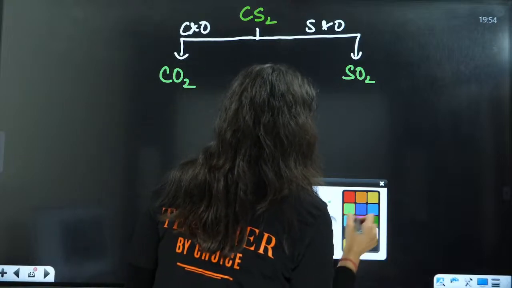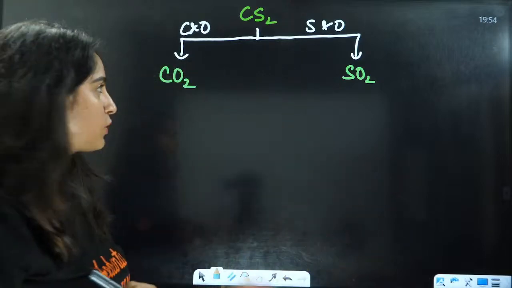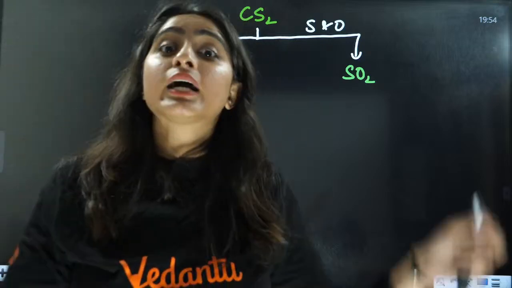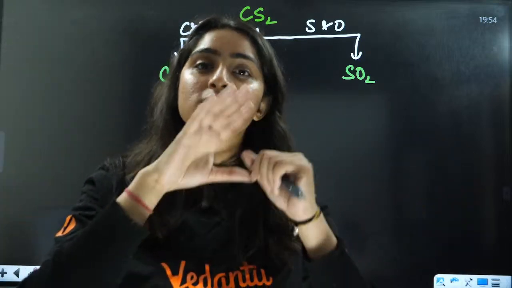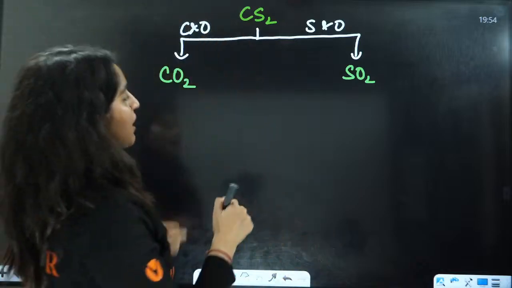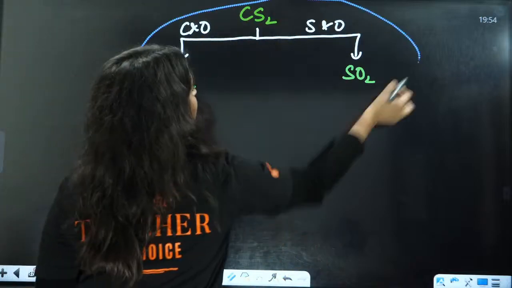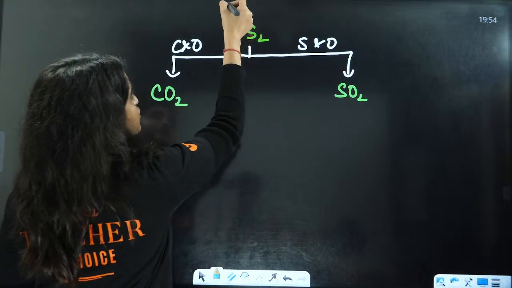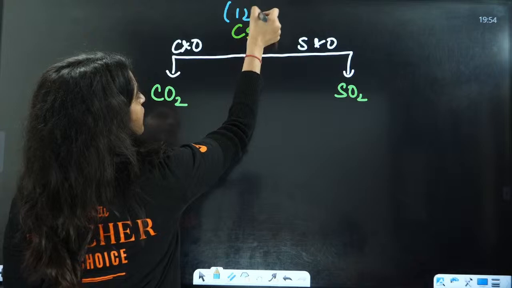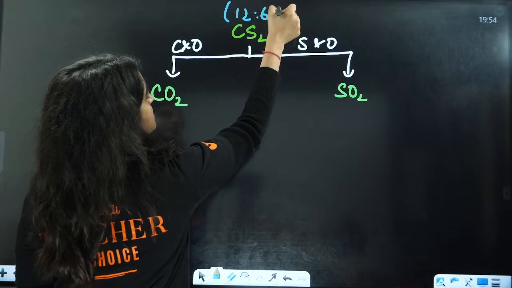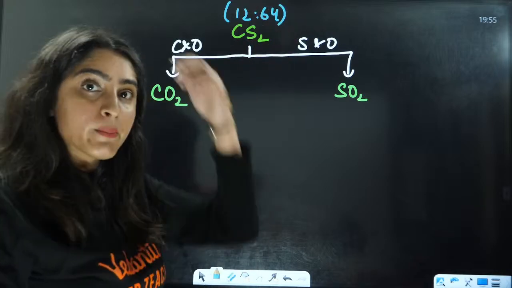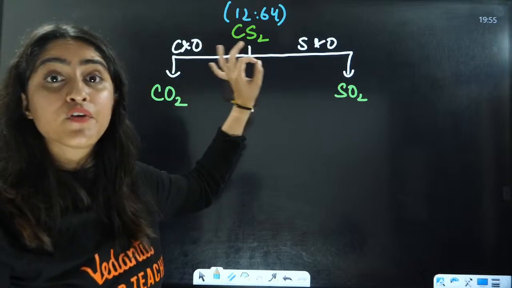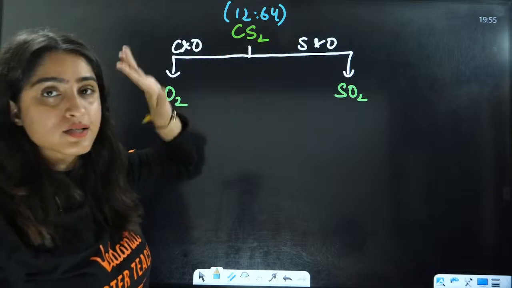So what is the law of reciprocal proportion? Let us see. For CS2, the atomic mass ratio of carbon to sulfur is 12 ratio 32 into 2, that is 12 ratio 64, because the mass of sulfur is 32 into 2, that is 64.